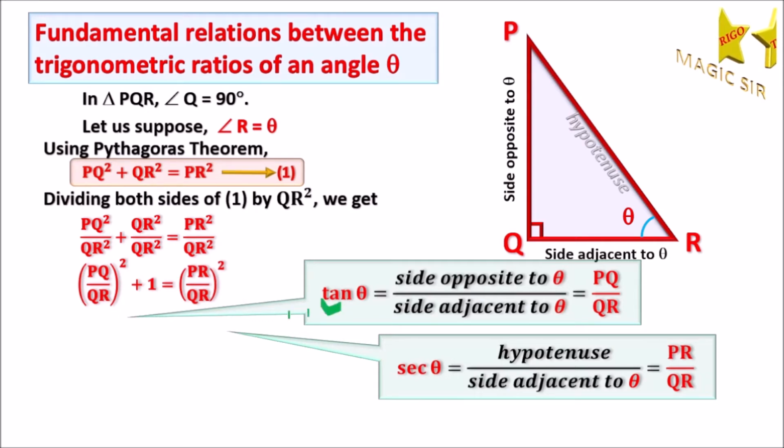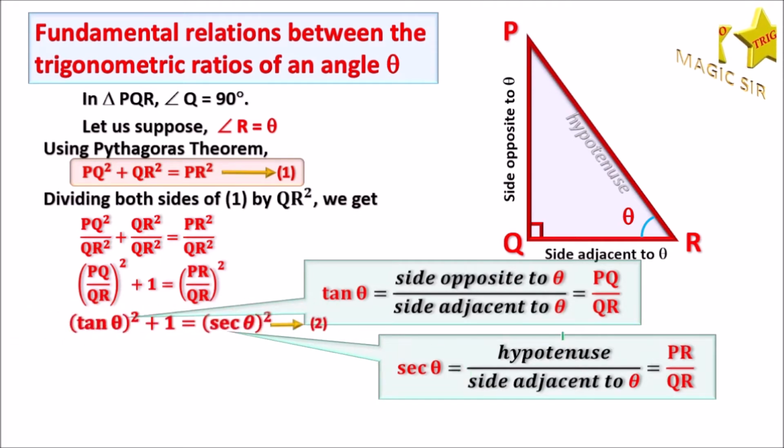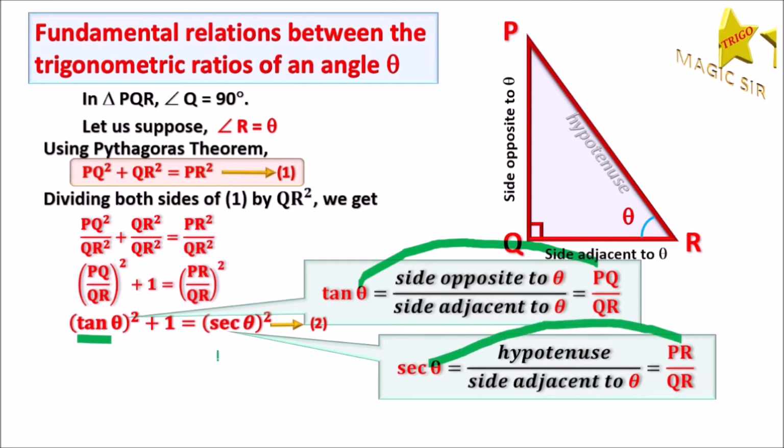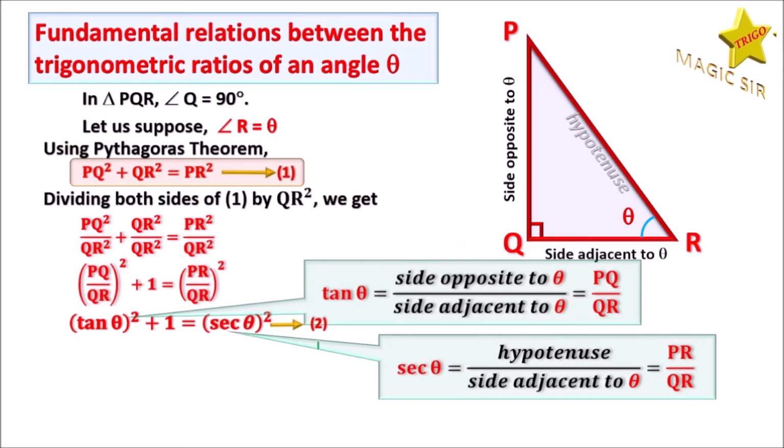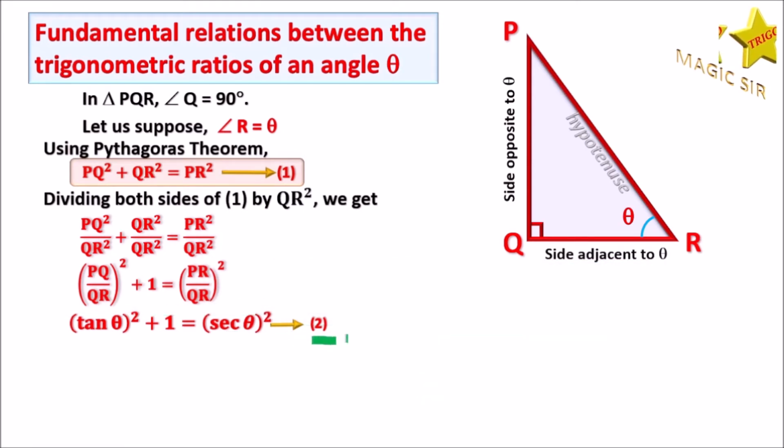Similarly, by definition of secant, sec theta is equal to hypotenuse upon side adjacent to angle theta, where hypotenuse equals PR and side adjacent is QR. Therefore, PQ upon QR is equal to tan theta and PR upon QR is equal to sec theta. Therefore, (tan theta)^2 plus 1 is equal to (sec theta)^2. This is our second equation.